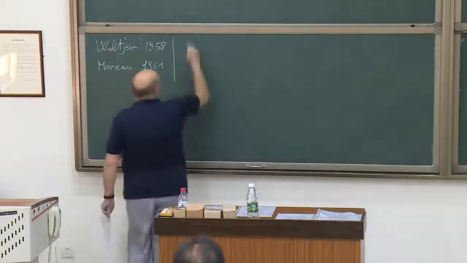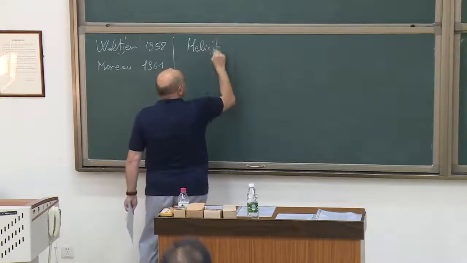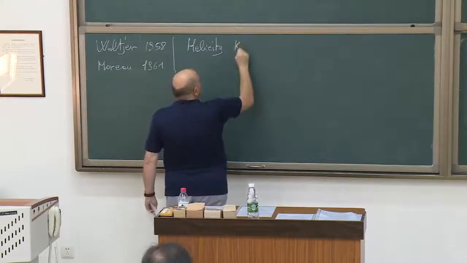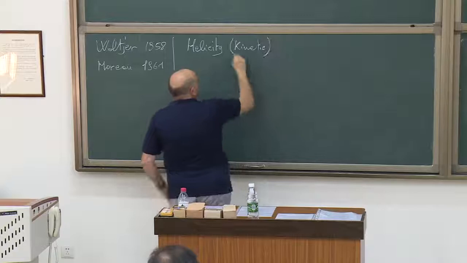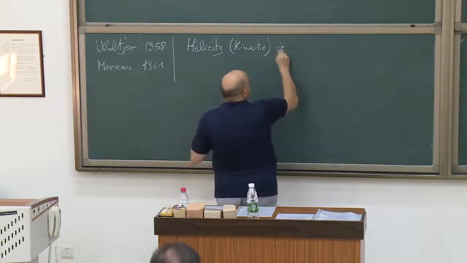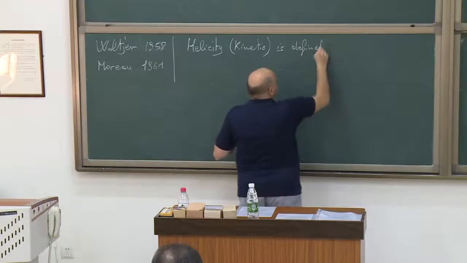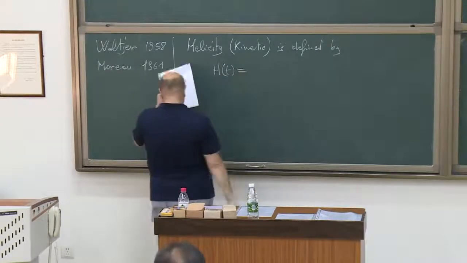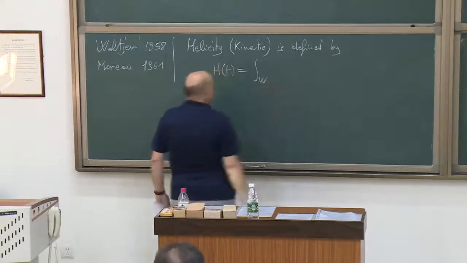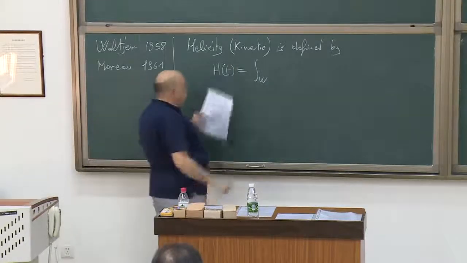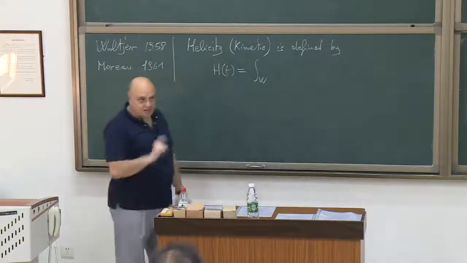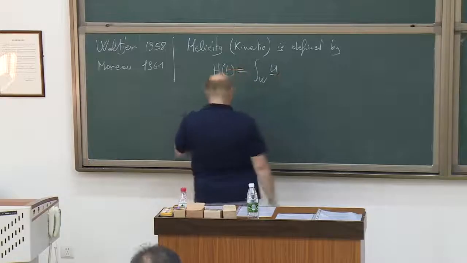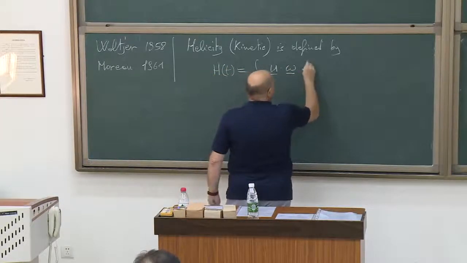I will talk about helicity, so I have to define helicity first. So, kinetic helicity is defined by this quantity H. I will take it as a function of time for the moment, integral on a particular region W that now you recognize as the region of vorticity, because I used these symbols to distinguish the regions of vorticity from regions of irrotational fluid, and this is d3x.